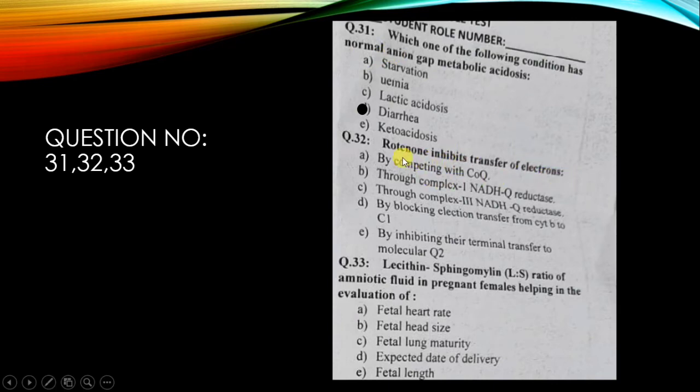Rotenone inhibits transfer of electrons by competing with coenzyme Q through complex 1, NADH-Q reductase, blocking the electron transfer and inhibiting their terminal transfer to molecular O2. So basically there are two types of inhibitors of the electron transport chain. One is called uncouplers.